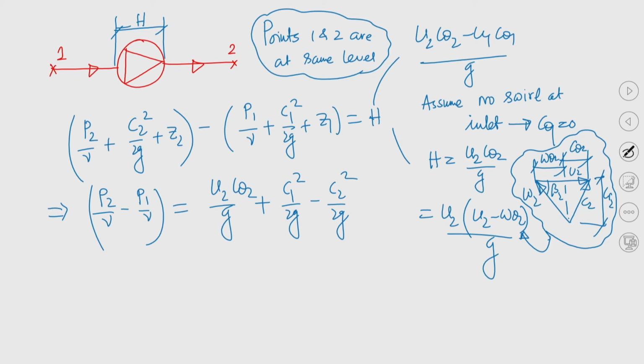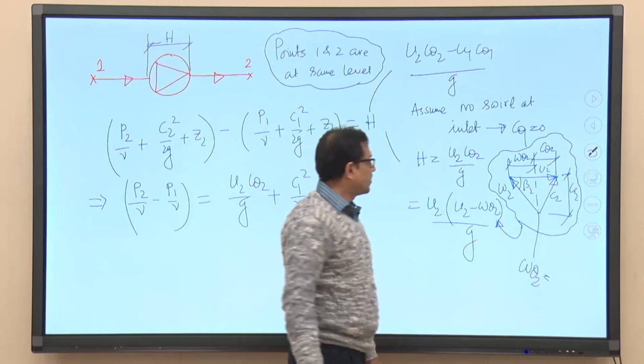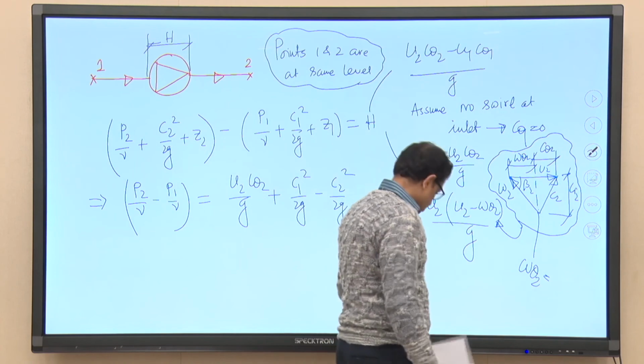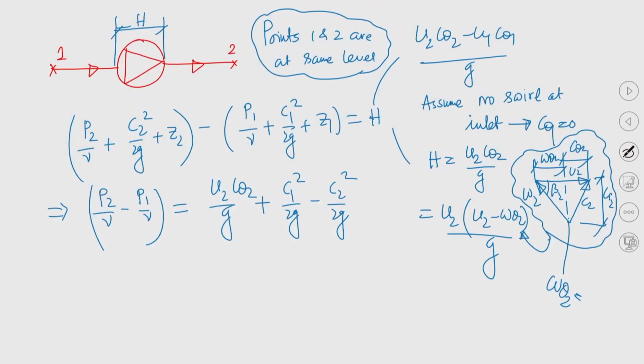Okay. Now, what is W theta 2? From this velocity triangle, W theta 2 by CR2 is equal to cot beta 2. Okay. So, W theta 2 equals CR2 cot beta 2, and this expression we have written.